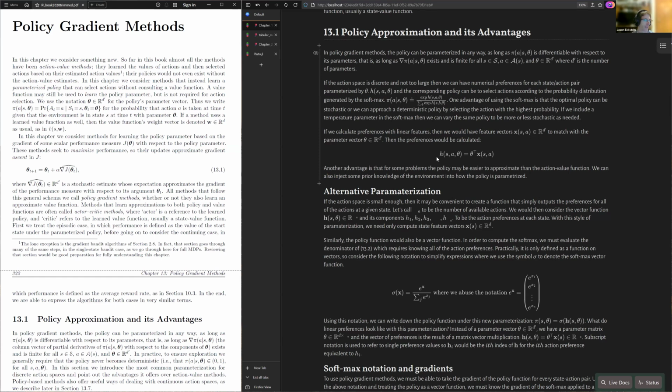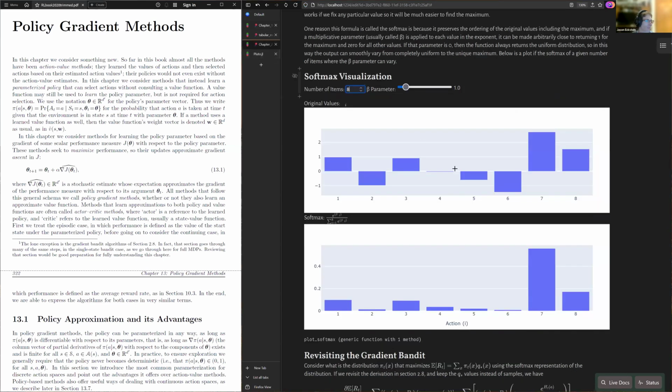Another advantage is that these preferences can be any value. And you can see here, when we take the softmax, the optimization process will drive these preferences up and down, but nothing requires this to become a deterministic function. If you have any finite values for the preferences, you end up with, in general, non-zero probabilities for multiple actions.